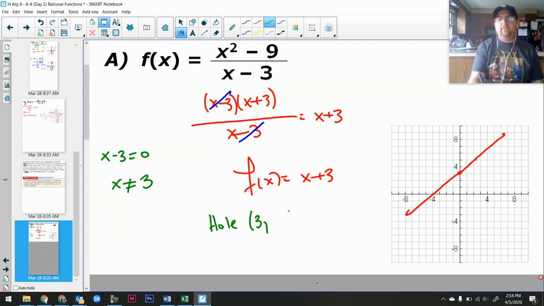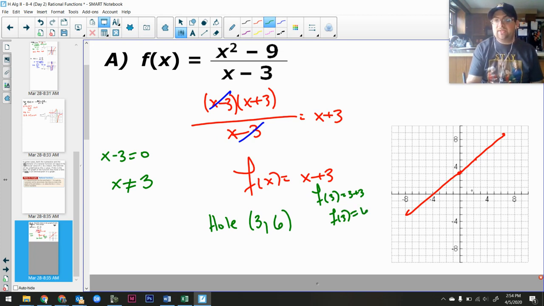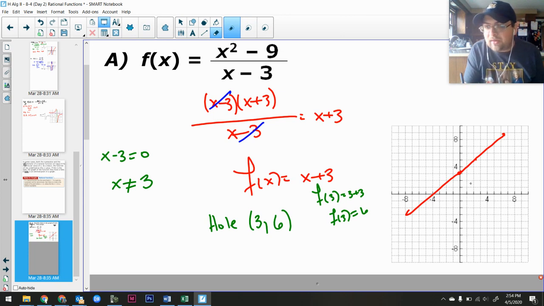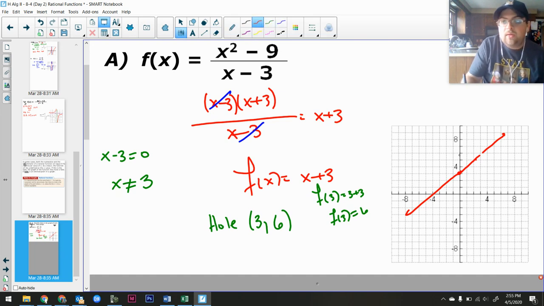3 comma what? Well, run it through. 3 comma 6. How did I know that? Well, f of 3 would be 3 plus 3, or 6. So at 3 comma 6, let's see how well I graphed. Hey, not bad. I have to put a little hole in the graph, 3 comma 6 right there, and I represent it.